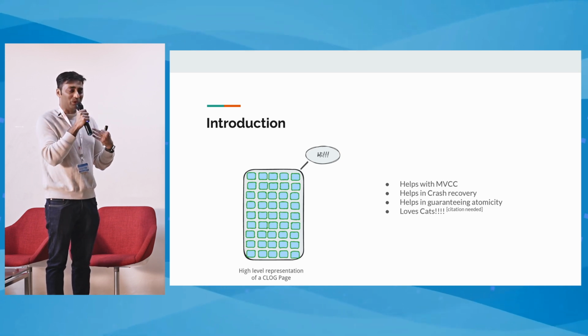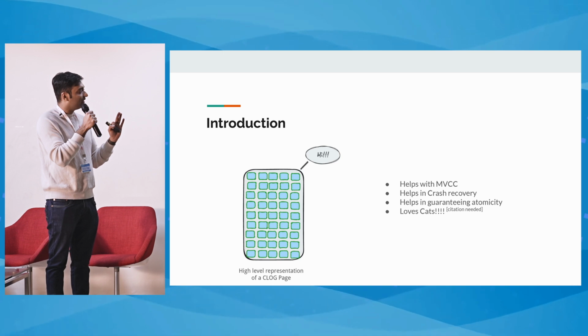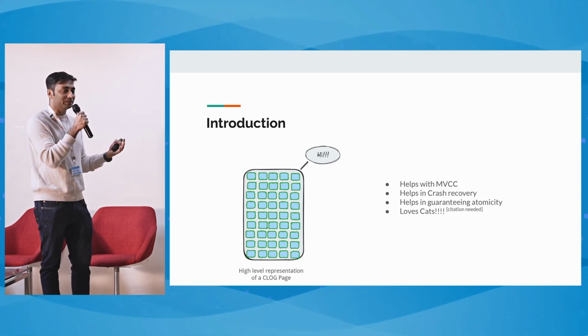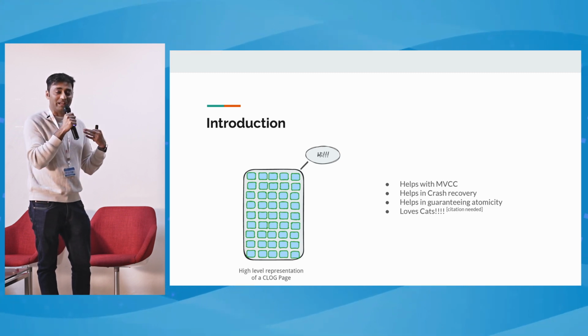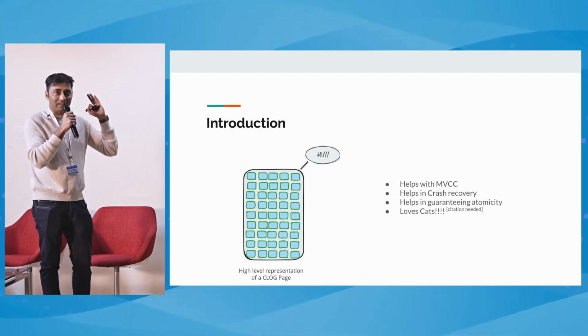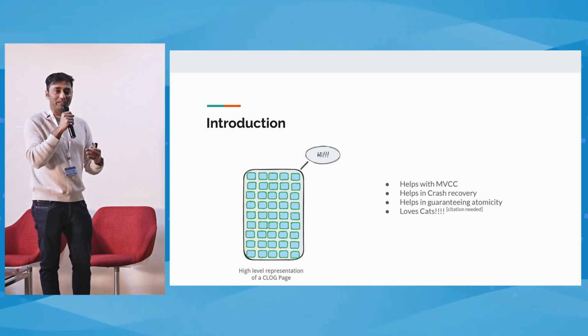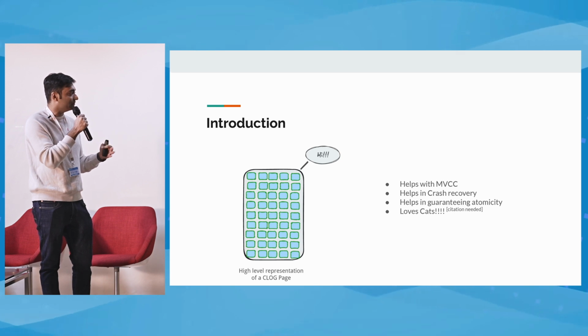Instead of locking all the rows where the transaction is going, a snapshot is taken, and the transaction happens on that. That's MVCC. It also helps in crash recovery, guaranteeing that if your database node fails, all the transactions which were committed remain there. There is no data corruption.